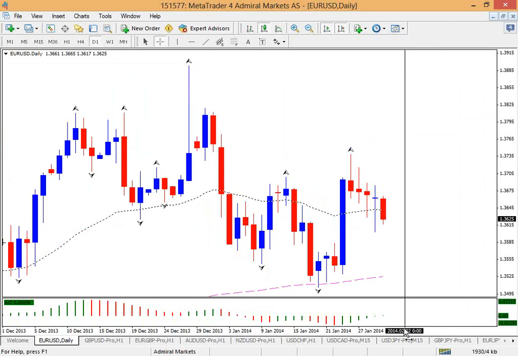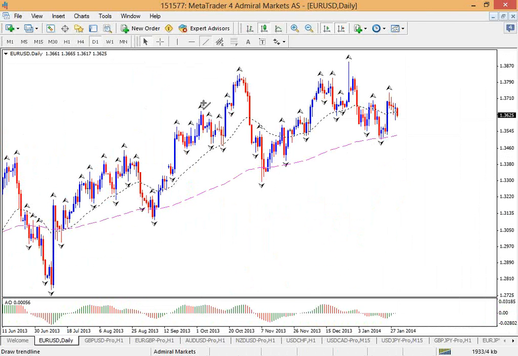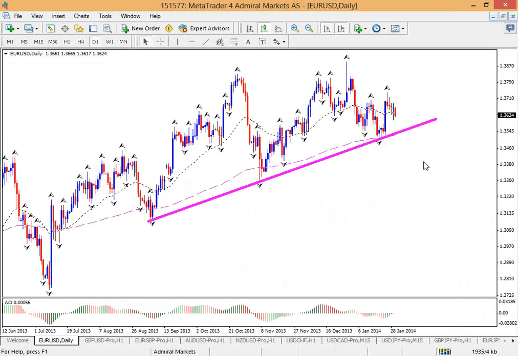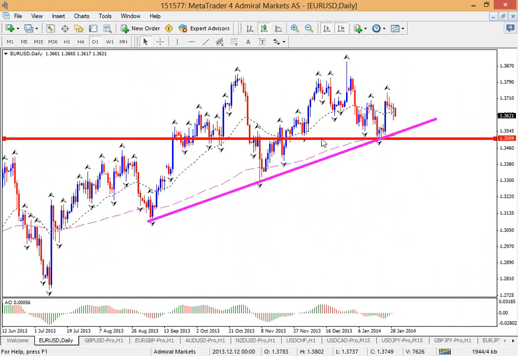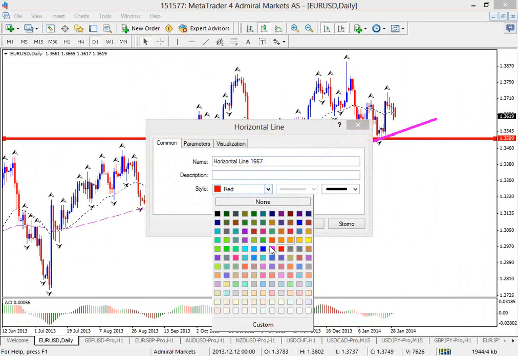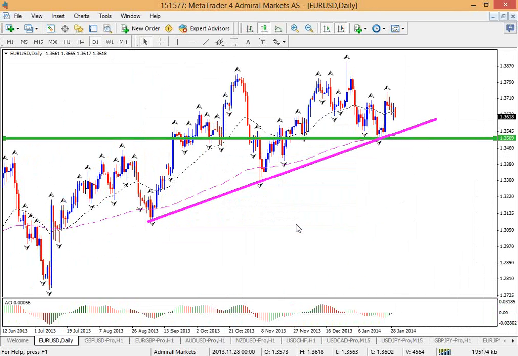If you look at the daily chart, I'm particularly keeping an eye on this trend line, for instance, and of course this bottom, 135 level. The long-term picture will definitely change if these two things break.